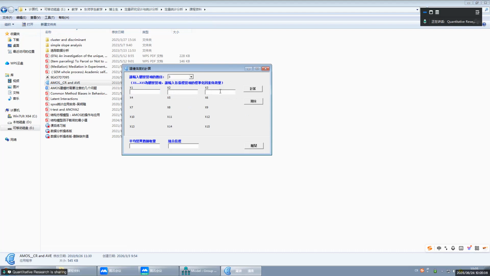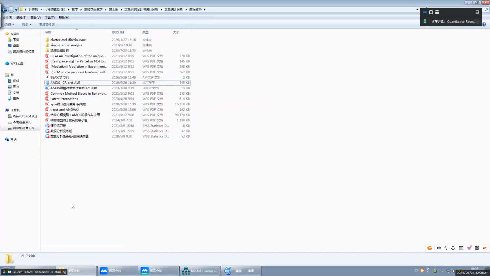If you input the factor loadings, you take this one, compute. This will automatically compute composite reliability and average variance extracted, AVE. It will compute CR and AVE for you. Is that clear?